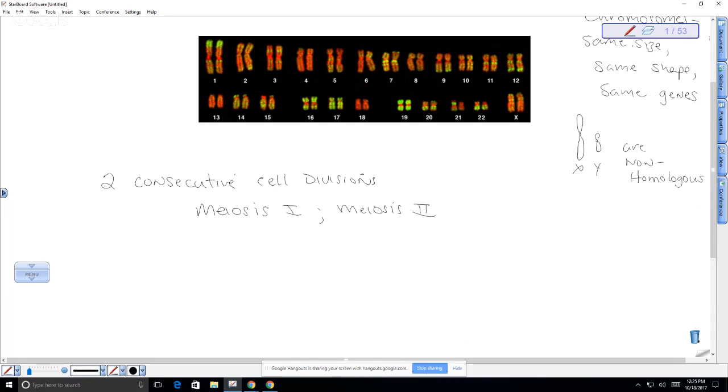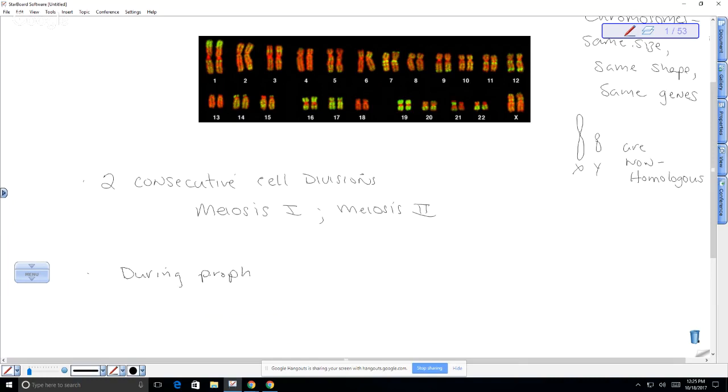Now, each of these has the same stages as mitosis, so prophase, metaphase, anaphase, telophase, but then there's a number. So if you see prophase 2, you know they must be talking about meiosis. They're not talking about mitosis because there's no Roman numeral after the prophase, okay?